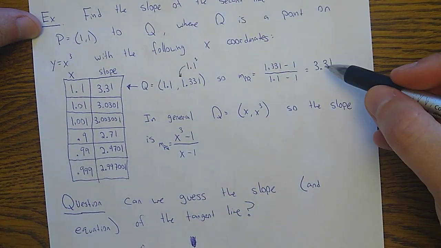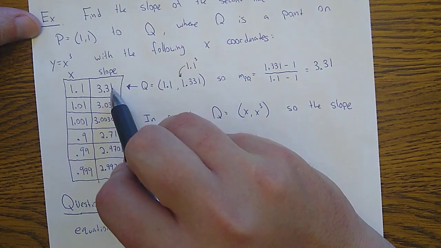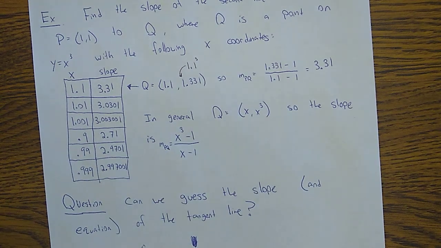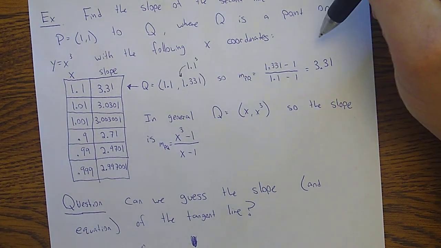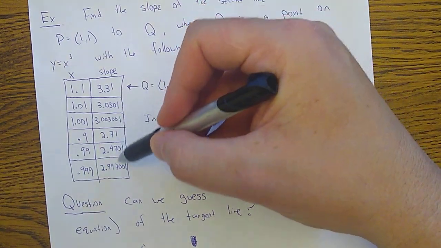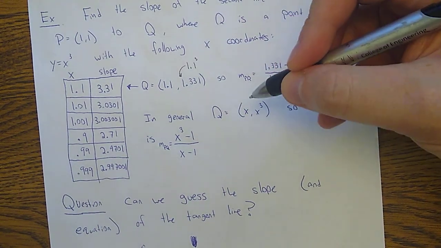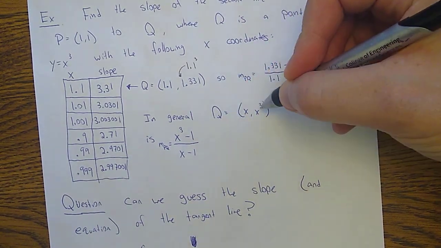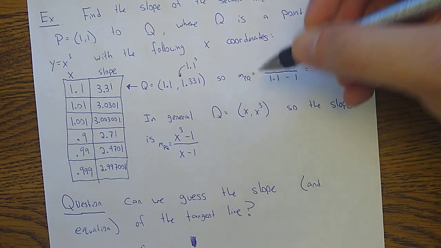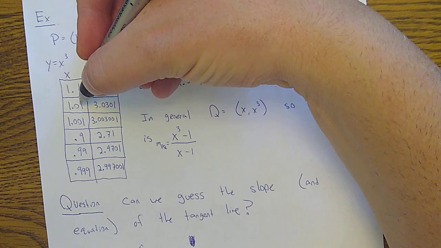I used a calculator again, and this told me 3.31, so that's how I got that. I didn't show the rest of the work, but that's also how I got the rest of these. It's just using different x coordinates. In general, to get Q, you do the same exact procedure. The x coordinate of Q is whatever x coordinate is given.